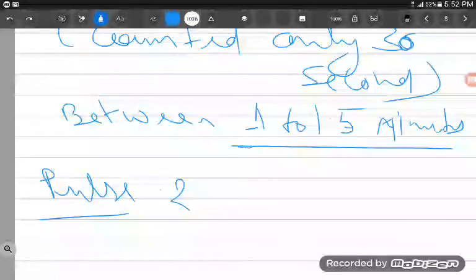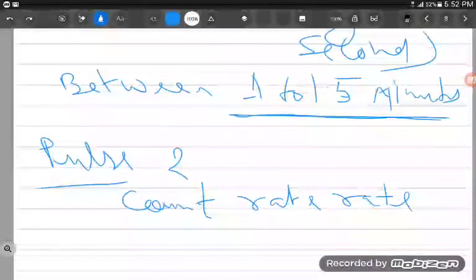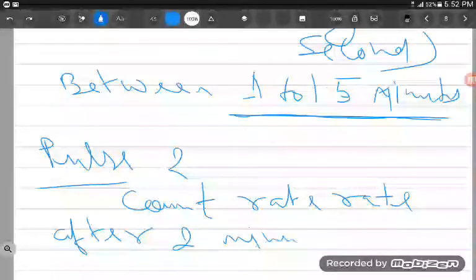Here you will take 1 to 1.5 minutes. Again you will count heart rate after 2 minutes of recovery.